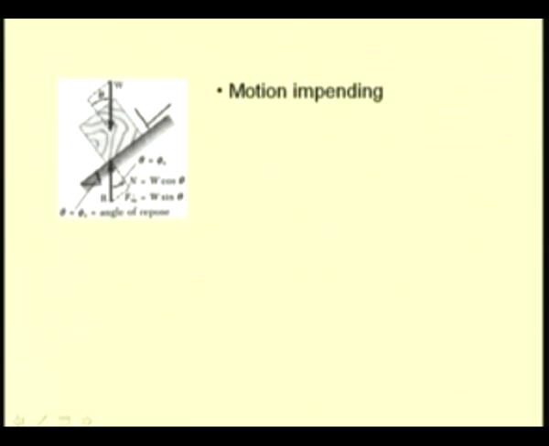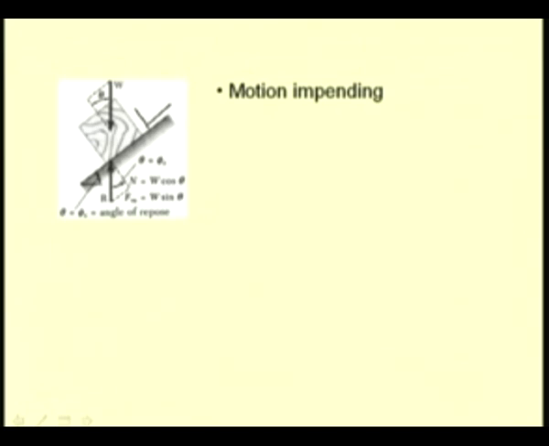So, we have for the limiting case this Fm equal to W sin theta and the normal reaction equal to W cos theta. And also for this limiting case, we know that this angle between the normal and the resultant force is phi s.